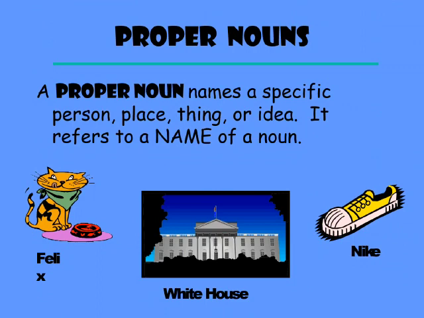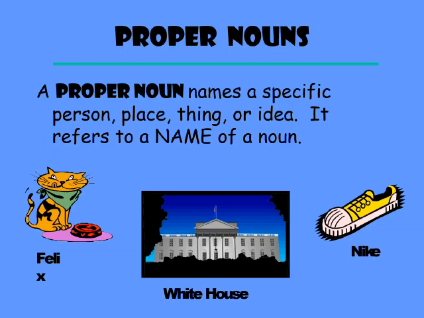As it is written in your slide, a proper noun names a specific person. If you're talking about a cat, it is a common noun. Whereas if we name that cat Feli, then it is a proper noun. Like White House and Taj Mahal, etc. These all are proper nouns.